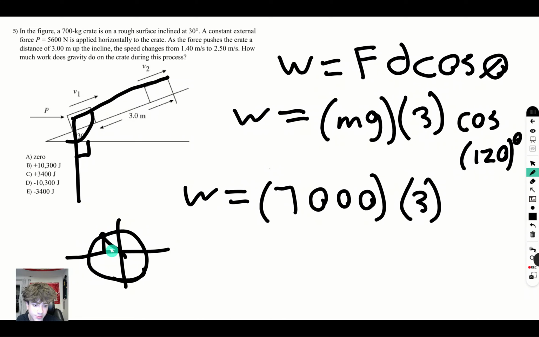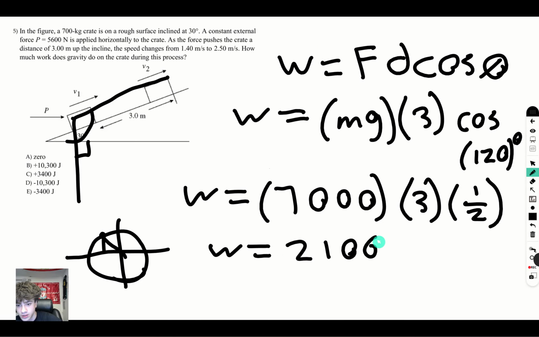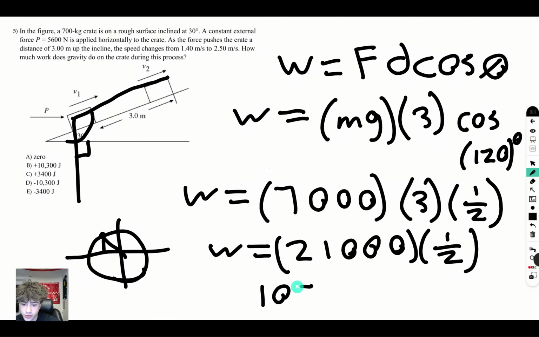Cosine is going to be the adjacent side over the hypotenuse, which will give you 1/2. Let's multiply these three out. 7,000 times 3 gives you 21,000. And multiply that by 1/2, you get 10,500.